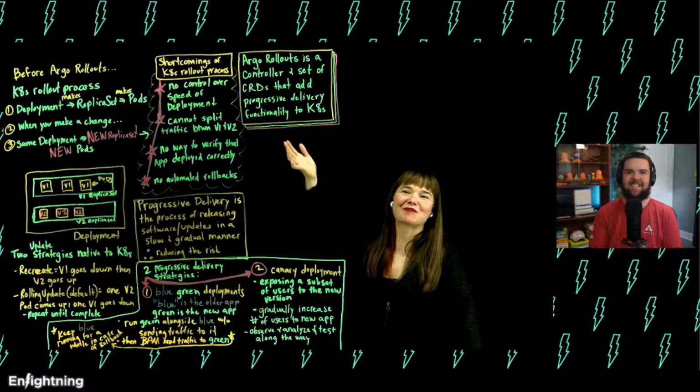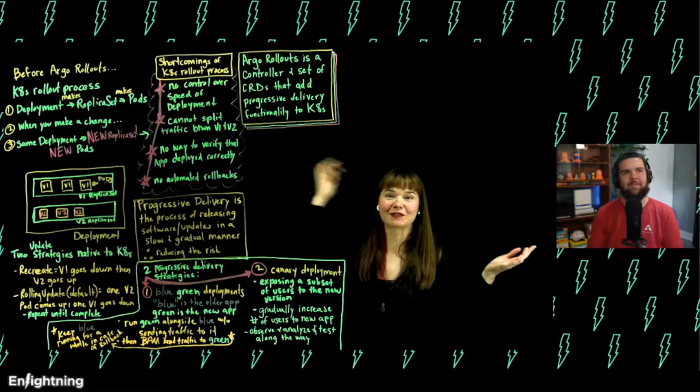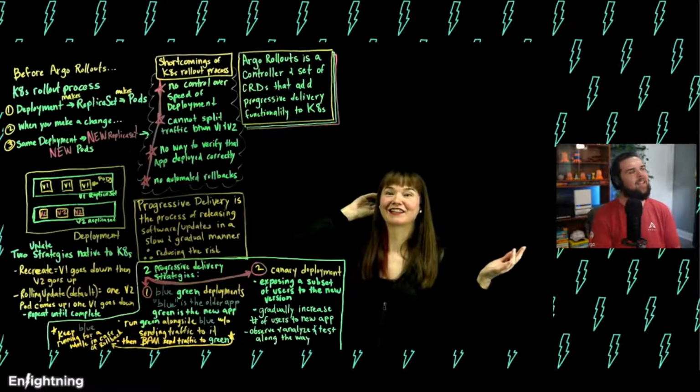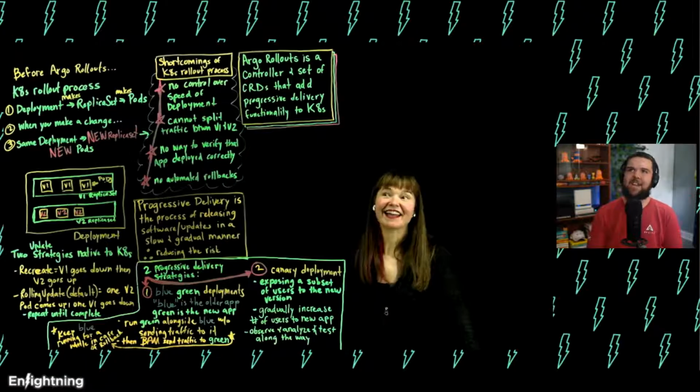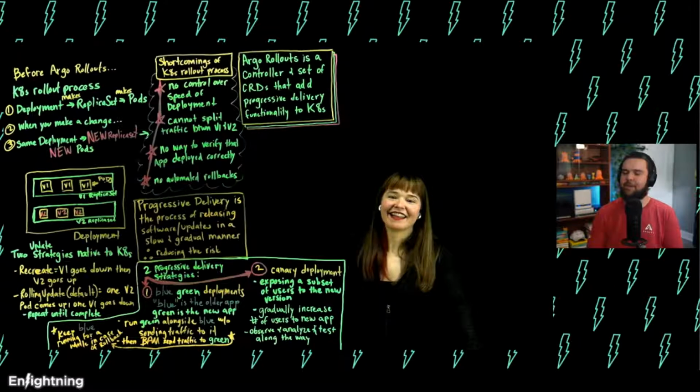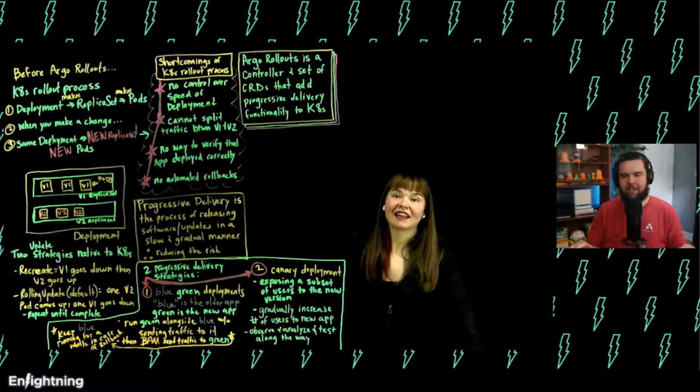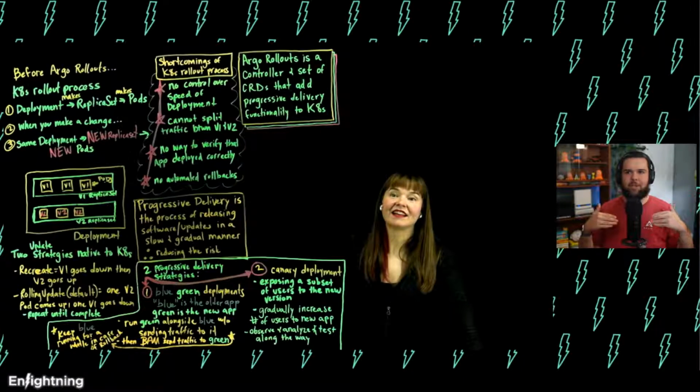Does Argo Rollouts complement GitOps any more than any other custom resource that you're adding and deploying? I think there's an argument that it does, because GitOps just makes the change and then lets Kubernetes figure out how to roll out that change into reality, because GitOps is all about just progressing that desired state.